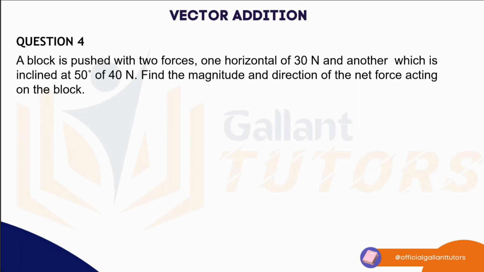Exactly. Alright, so what we're going to do here is this. The resultant force. So it's more or less like this. 50 degree. Remember, this is an acute angle. So here is 30 Newton. And here's 40 Newton.